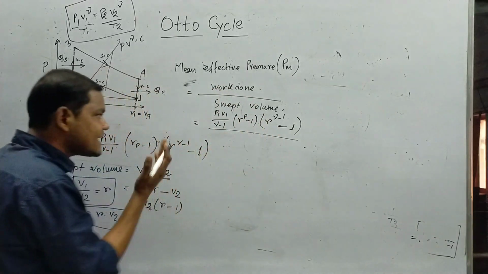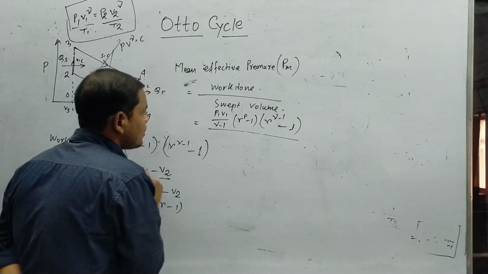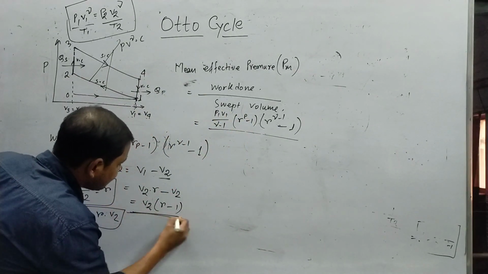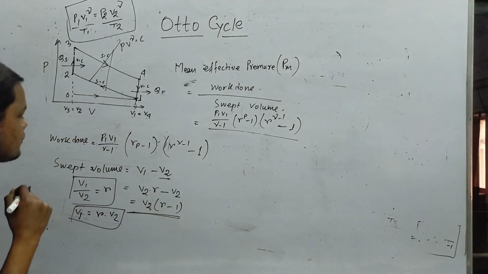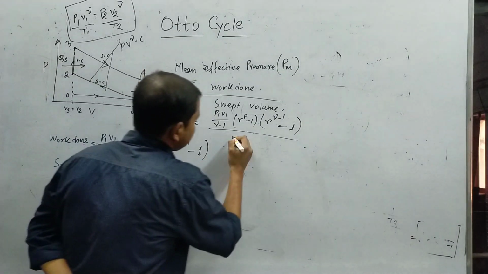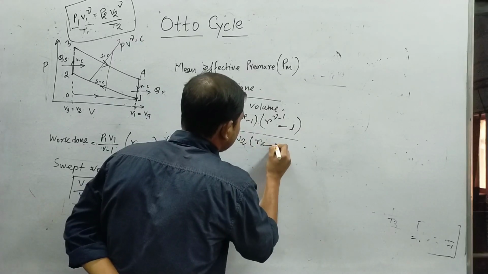We have already derived this equation. And the swept volume is also derived: swept volume is equal to V2 into R minus 1.